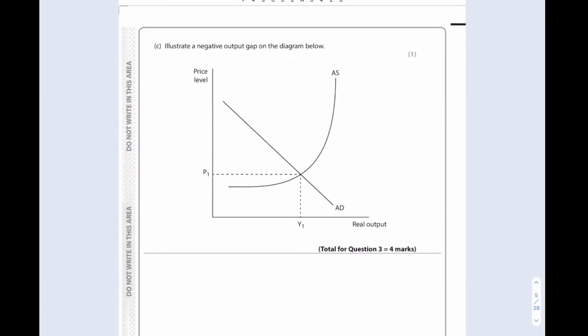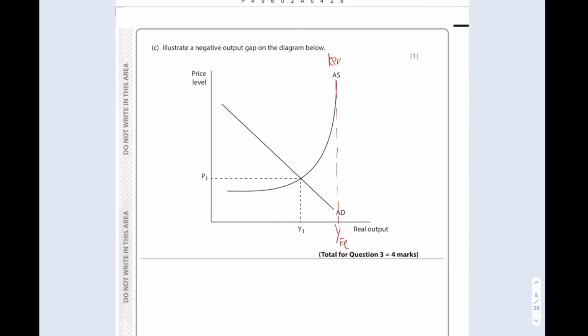Illustrate a negative output gap on the diagram below. All right, negative output gap is quite easy to demonstrate. You don't even need to do particularly much here. We know that where the vertical point of the AS curve is, this is full employment output. So any output that is before this in terms of the intersection of aggregate demand and the LRAS curve, the Keynesian LRAS curve that we have here, Keynesian, and the classical one would just be a straight line going down like so, but we're not bothered about that, so we can just ignore that.